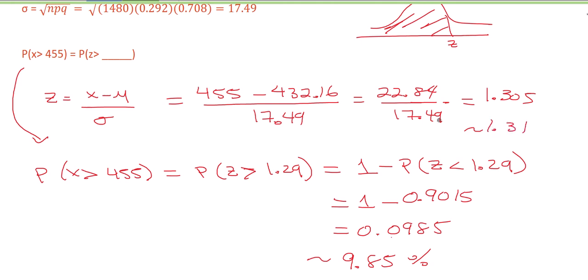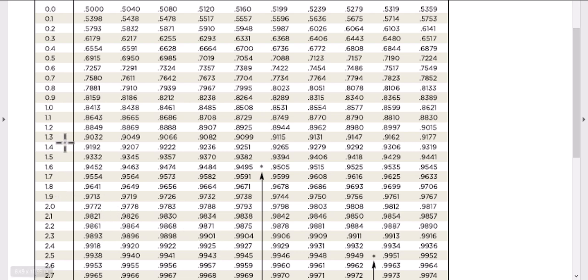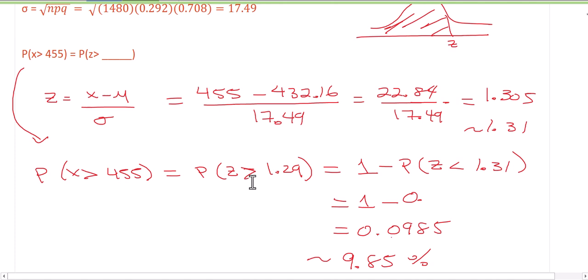We round to 2 decimal places so that we can find them in our table. So this should be 1.31, and so this is going to be now more accurate. So when we go to our z-table, we're looking for 1.31, 0.9049. So going back to our notes, this should be 0.9049.